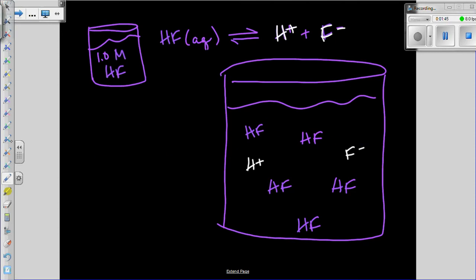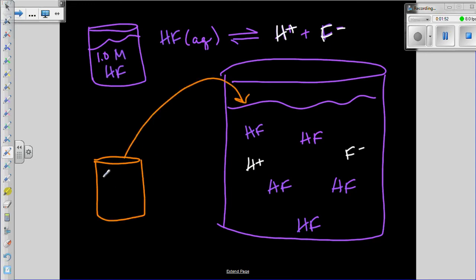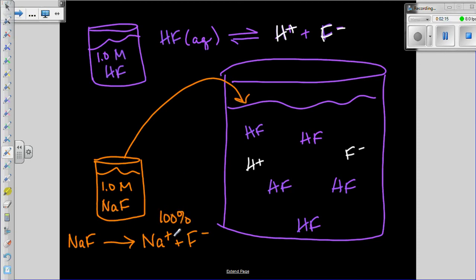Now let's say to this we are going to add a 1 molar sodium fluoride solution. There's water present here, and we know that sodium fluoride is a soluble salt, so it's going to completely dissociate. What that means is we get 100% ions.